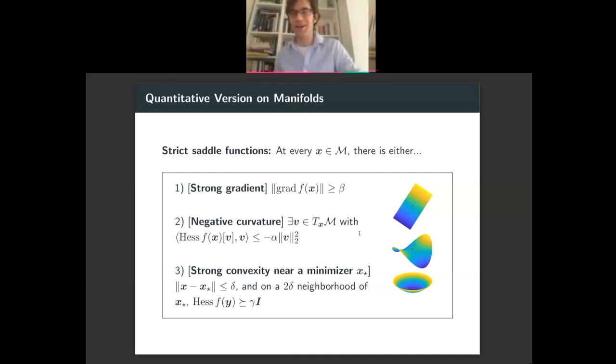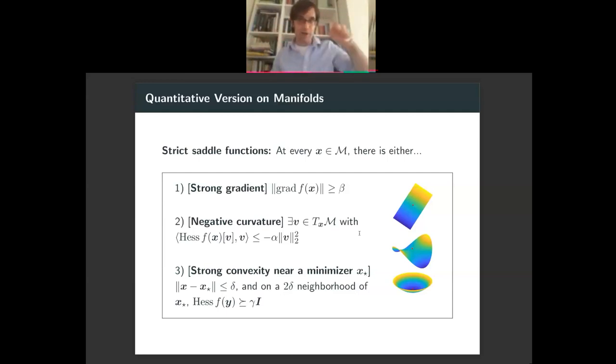But at a high level, the structure that we're looking for is either strong gradient or strong negative curvature. And it's going to turn out, when you start analyzing the kind of problems that I described earlier mathematically, negative curvature is going to be the key. In convex analysis, positive curvature is the key.